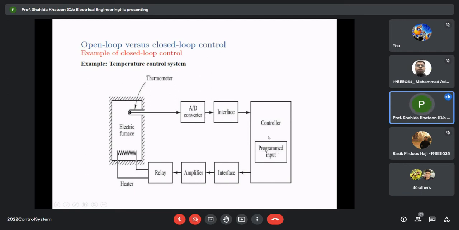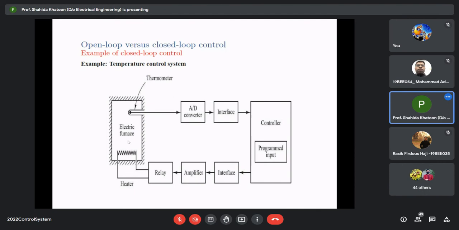So this controller can be a PLC or PLA, programmable logical array, or programmable logical controller, PLC. So this again will be given to an interface, fed back to an amplifier, fed back to a relay, which regulates the heater, and this heater is used to heat the electric furnace.